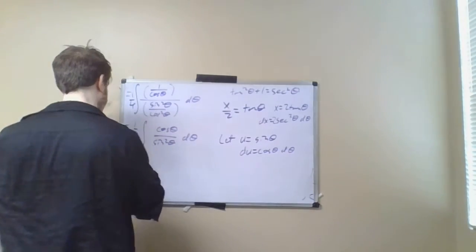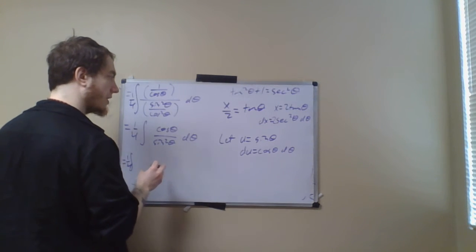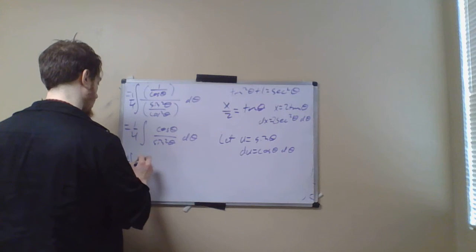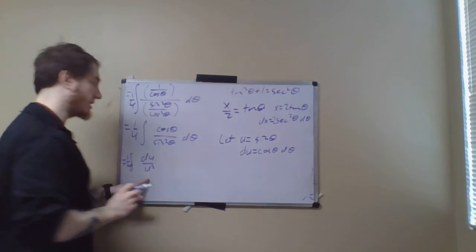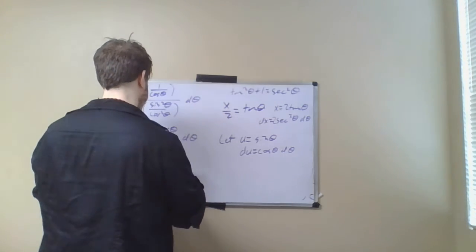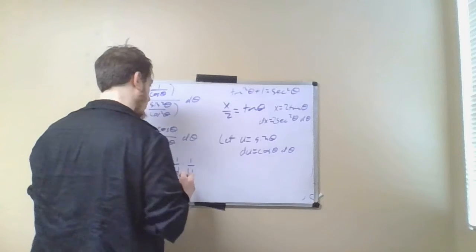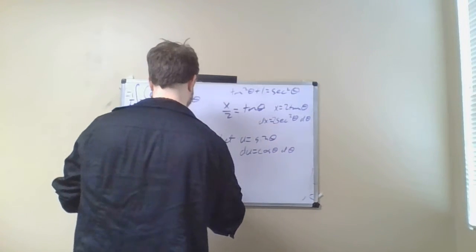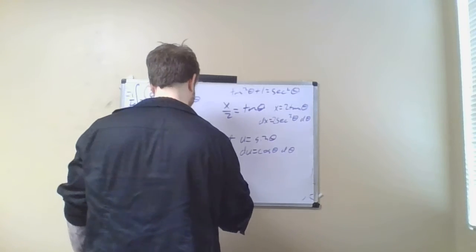So this becomes 1/4 times the integral of du over u squared. That's really u to the minus 2. So this becomes negative 1/4 times 1 over u, plus a constant of integration.